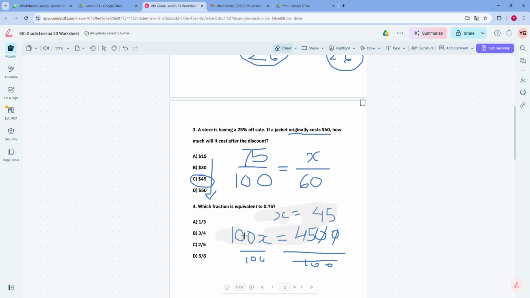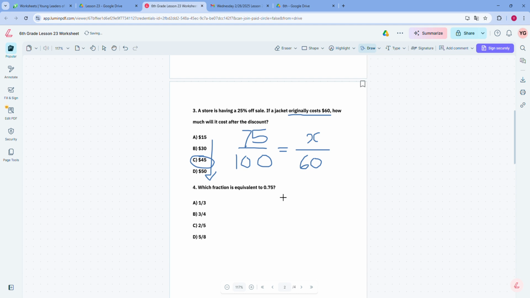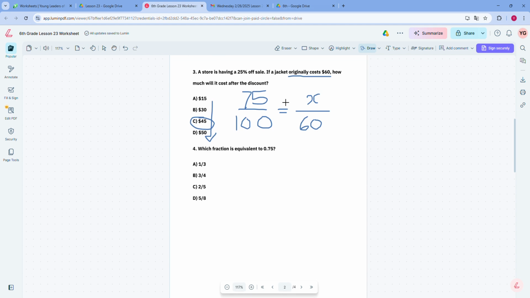What fraction is equivalent to 0.75? So, hold on. First thing you can do here is just put it over 100. Or you can just draw a little circle to make things easier.